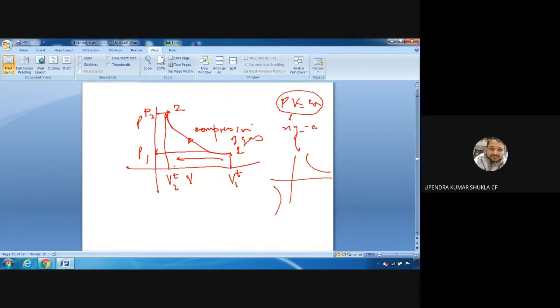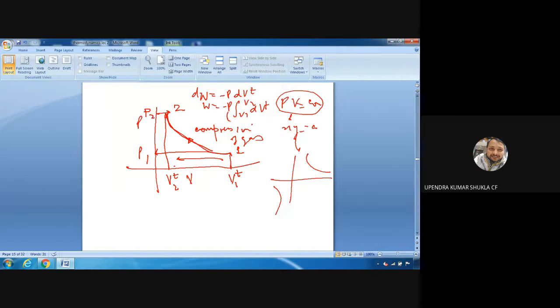Now this path relates the pressure at any point of the process to the volume. Okay. Now work required is given by, since you know dW is equal to what? Minus P dVt, and W is what? Minus integral V1 to V2 P dVt, isn't it?